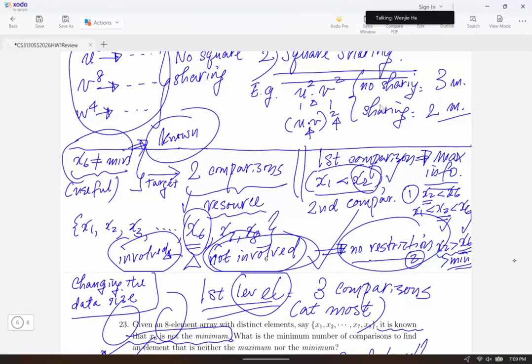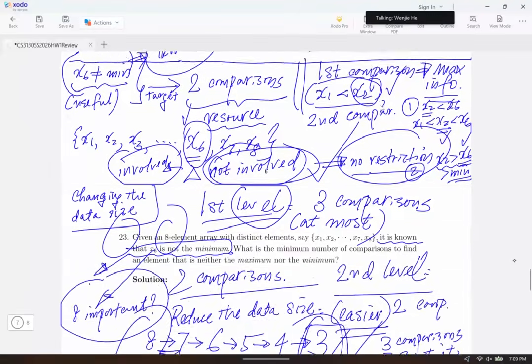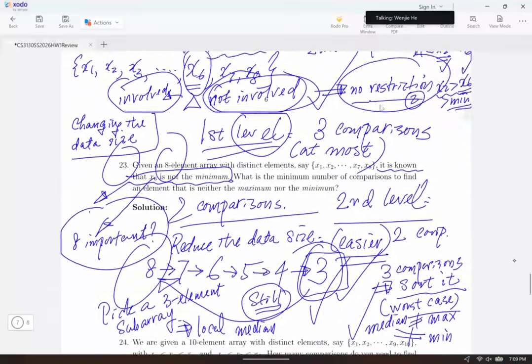The level of understanding. If you can understand in a very deep way, then you can do a better job. This one is an example. All right. So we complete this one.